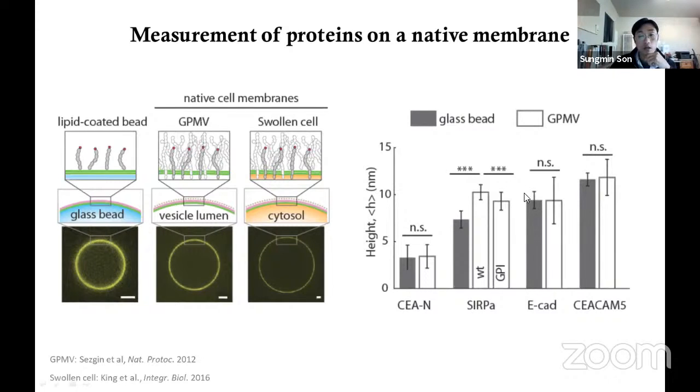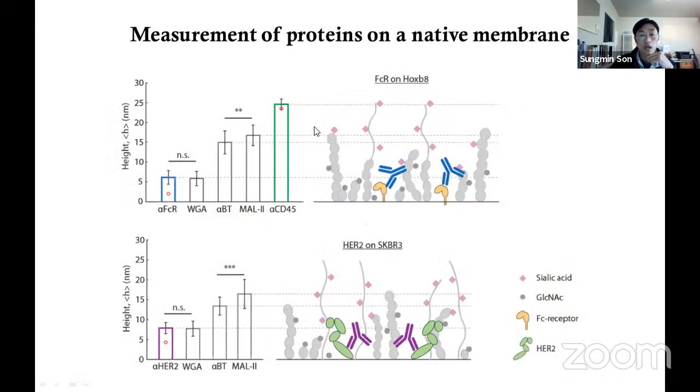Anyway, moving on, we are interested in how to interpret this tall CD45 protein's height in the context of other general proteins. So instead of focusing on one specific protein, we decided to characterize the general protein height by promiscuously labeling its N-terminus with biotin.